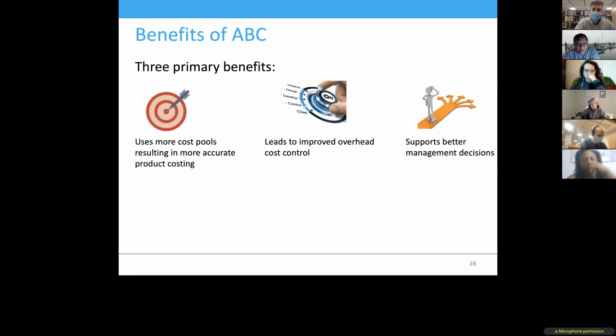Once you have good product information, you know what it really costs to manufacture this product. Given the current market situation and competition, am I profitable making this product? Should I continue? Should I quit? So that's the 3 primary benefits.